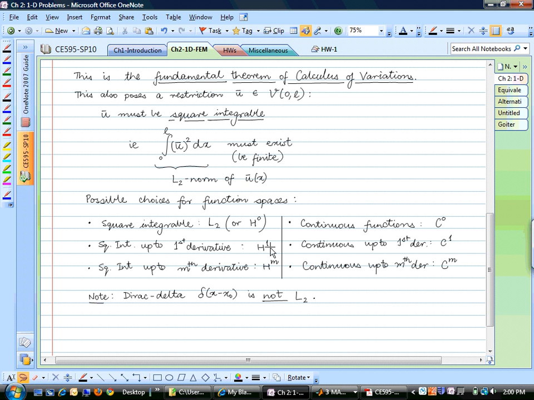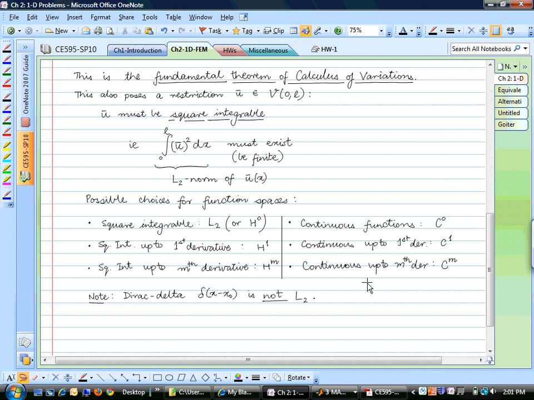And if you take the first derivative of a function, and that derivative is also square integrable, then we call this an H1 space. The reason we care about derivatives is because in all our differential equations, we have u prime, u double prime. So we are going to be taking derivatives of our functions. That's why we care about what order derivatives are square integrable, what order derivatives are continuous.